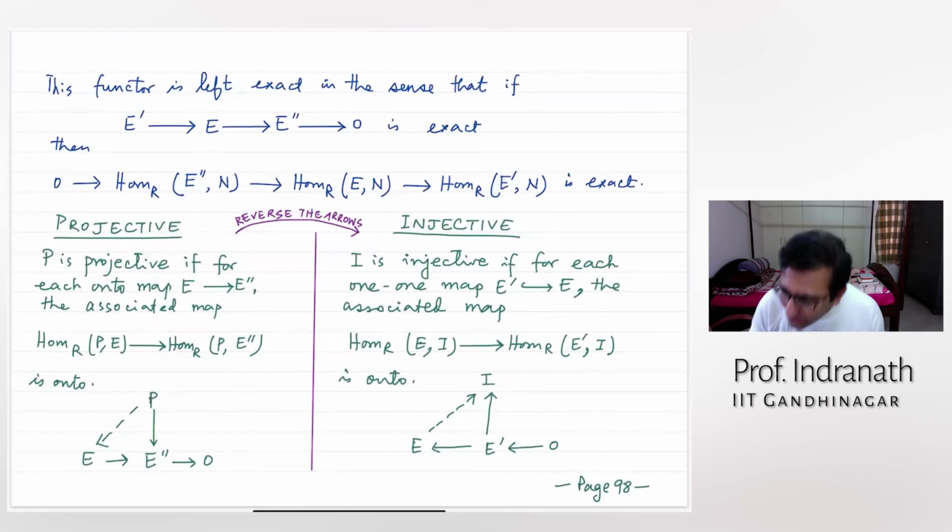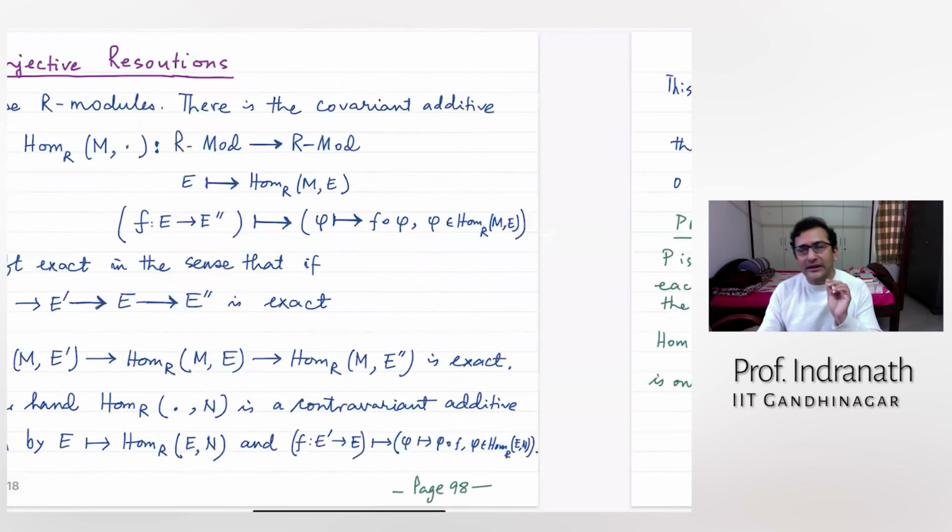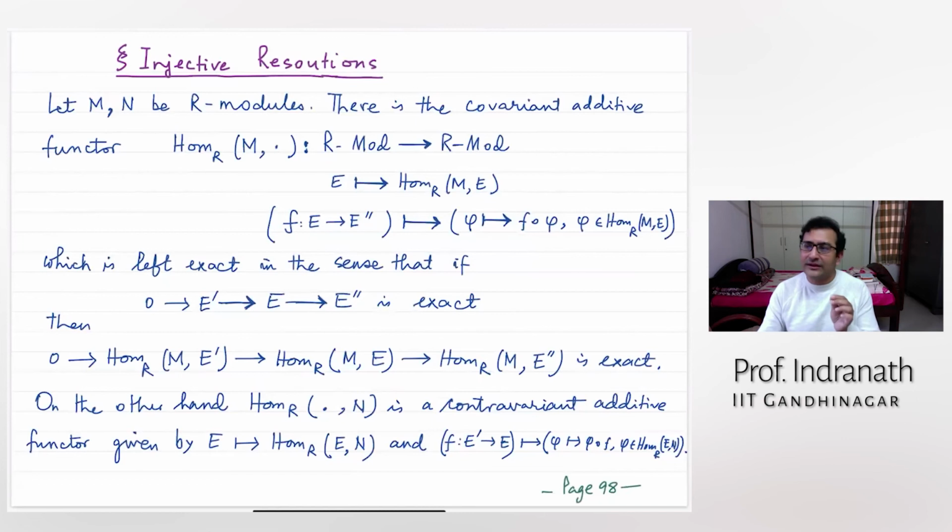Okay. And now Hom is a little more of a curious object, because it will raise quite a few questions. Let me just quickly tell you a few things, and then we can continue in the next lecture. First of all, you know that you have a covariant additive functor here if you have fixed the first part.